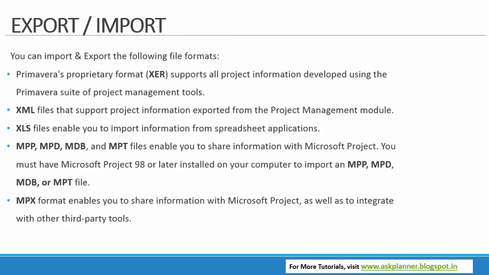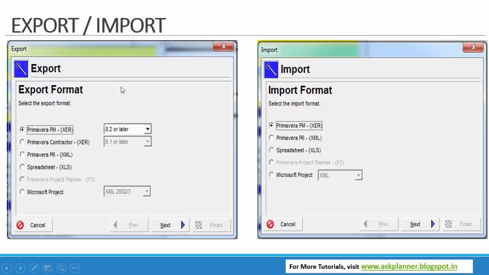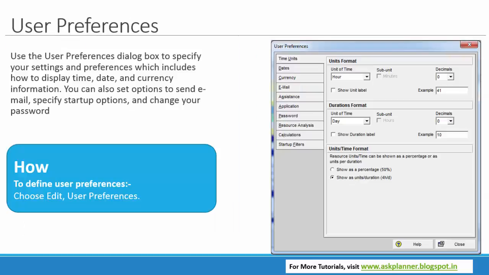These are the types of formats: XER, by default is Primavera format, XML, XLS, MPP, Microsoft formats, MPX is also Microsoft formats. You can export or else import using these formats. So these are the sample screens for exporting and importing.